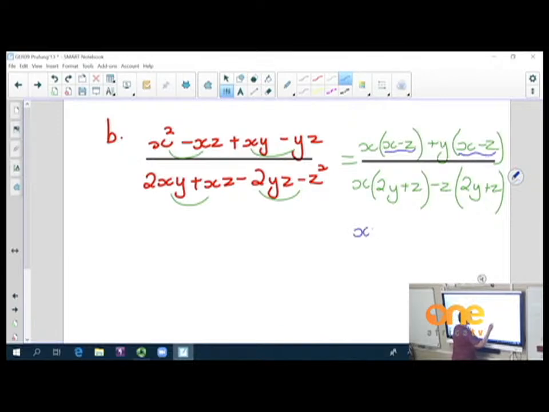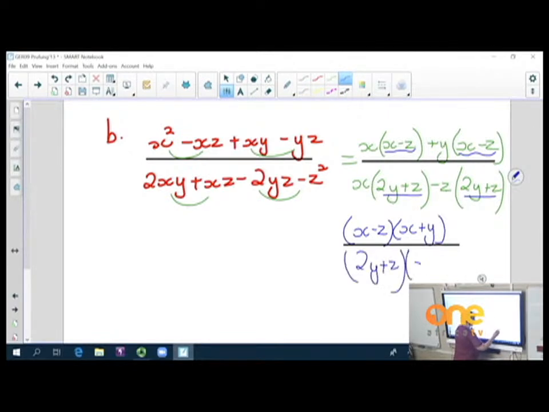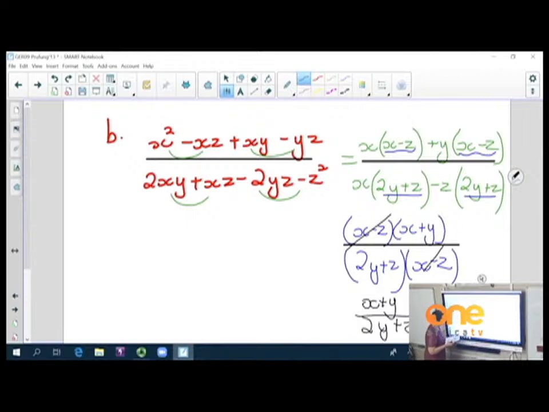That is common, x minus z, and then there remains x plus y. For this one, I can take out the common one there. So it is 2y plus z, and the second one is then x minus z, because you divide there. And now we can cancel, and the answer is x plus y over 2y plus z.